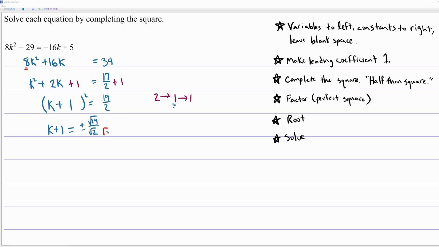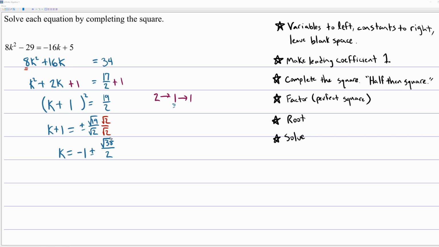So I have to multiply by the square root of 2 in the top and the bottom. I'm multiplying by 1, and this rationalizes the denominator. So we subtract 1 from both sides. So we have negative 1 plus or minus, well, 19 times 2. We have the square root of 38 over square root of 2 times the square root of 2 is 2.